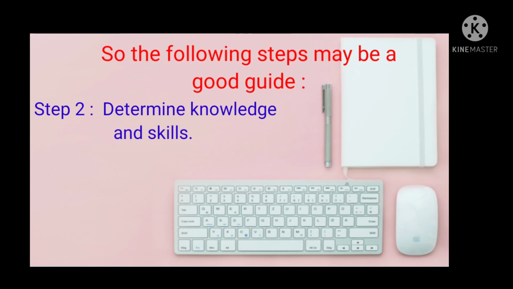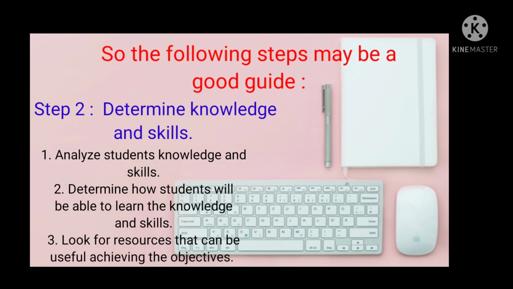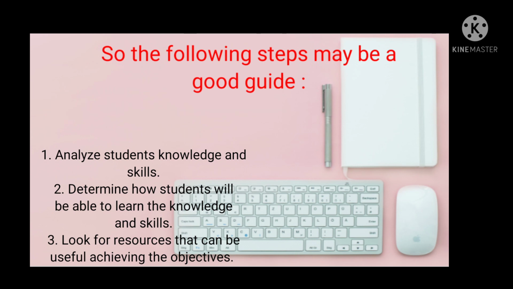Step 2. Determine knowledge and skills. 1. Analyze student knowledge and skills. 2. Determine how students will be able to learn the knowledge and skills. 3. Look for resources that can be useful in achieving the objectives.